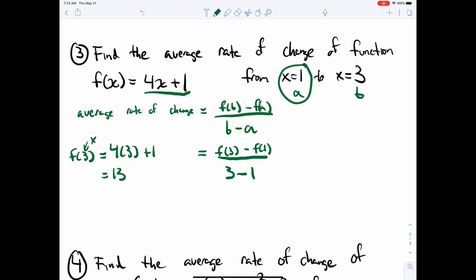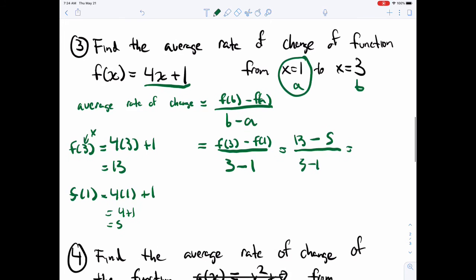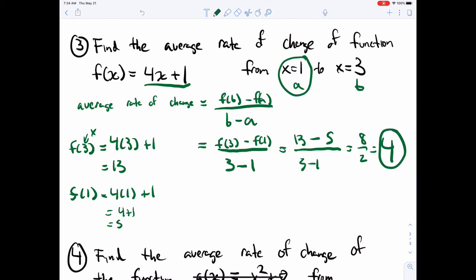So now that's going to equal 13 minus, well, what does f of 1 equal? Well, if you plug in 1 into that equation, you're going to get 4 plus 1, which is 5. So 13 minus 5, all over 3 minus 1, and there's our numbers right there. So now we got 8 over 2, and that equals 4.